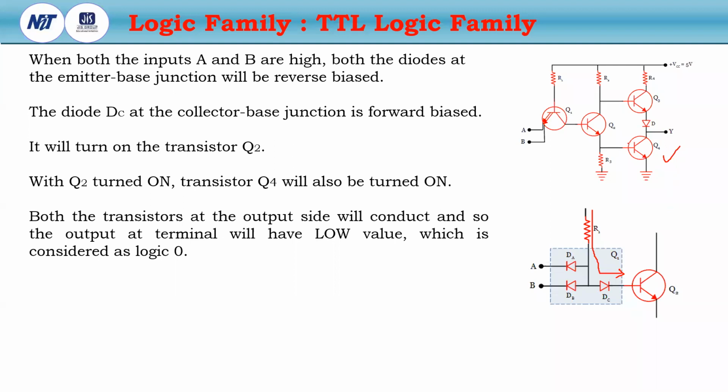So now if the transistor Q4 is on, then there is a current path. So the output will be logic 0. Okay, clear? So if this is 1, 1, then the output will be logic 0. So this is an AND gate.